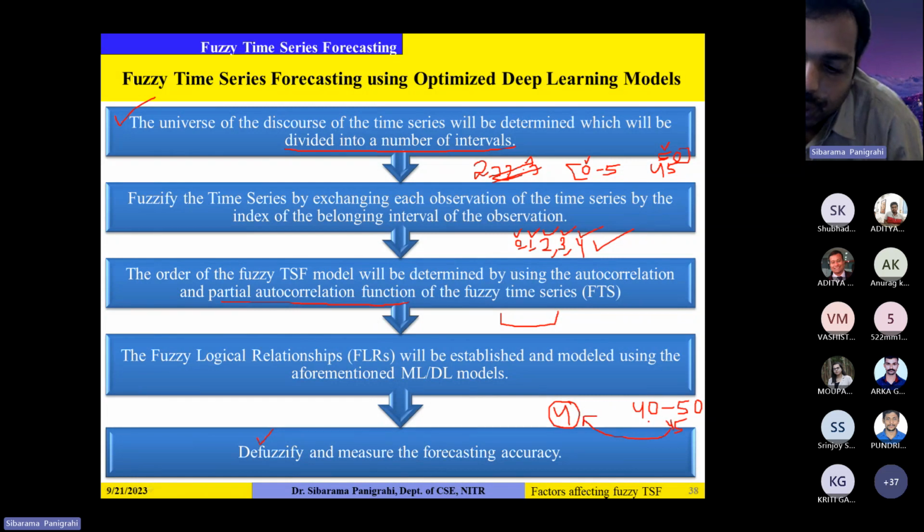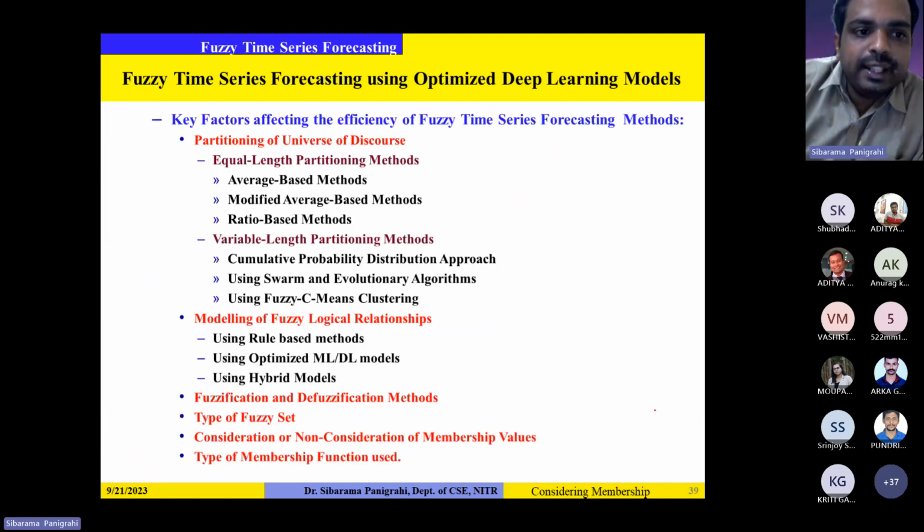That's why I told you, if the length of the interval is too large, then while taking the midvalue, you might get more error, right? And if the length of the interval is too small, then you will lose the usefulness of the fuzzy set, right? So while designing fuzzy time series forecasting methods, you need to take care of these factors.